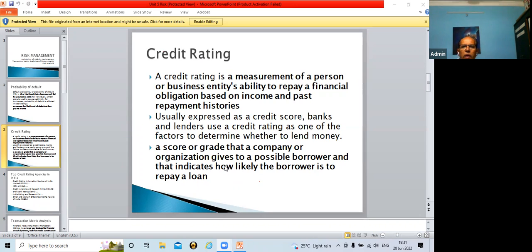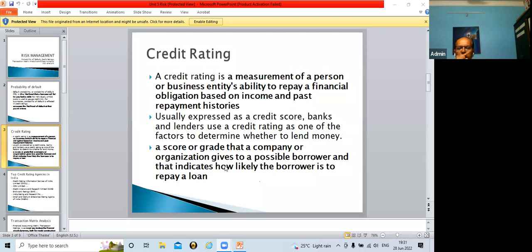Now there are symbols that we will discuss. But these agencies are giving a rating for that particular instrument and not for a company. Please understand. That is the rating for the instrument and not for the company.